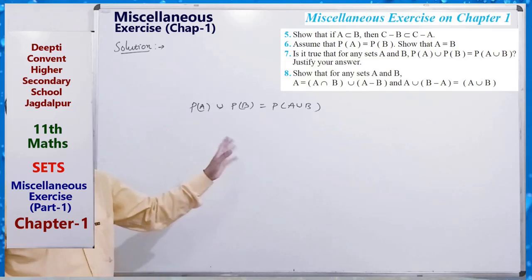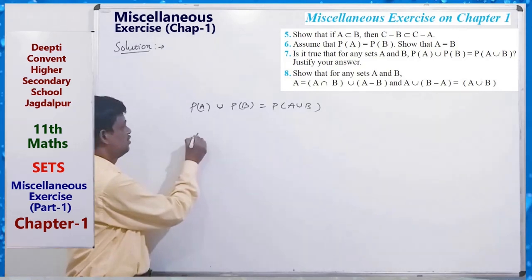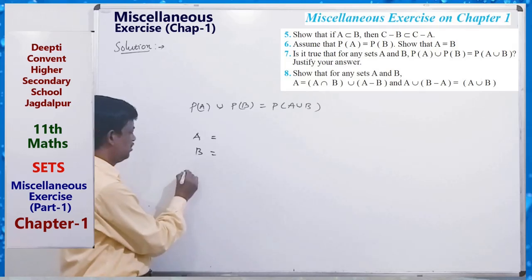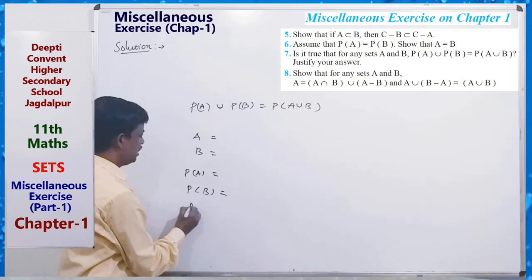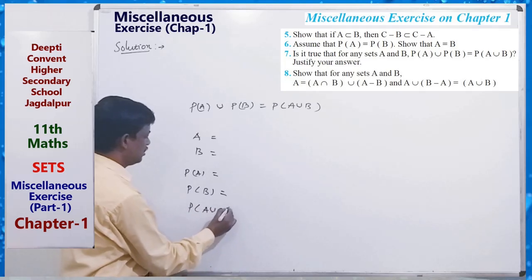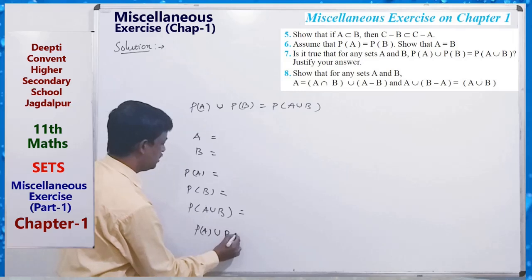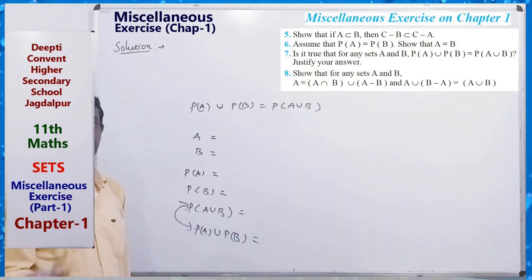For justification, I think it will be false because you can take two sets and find P(A), P(B), P(A union B), P(A) union P(B), then you can compare whether these two are equal or not.